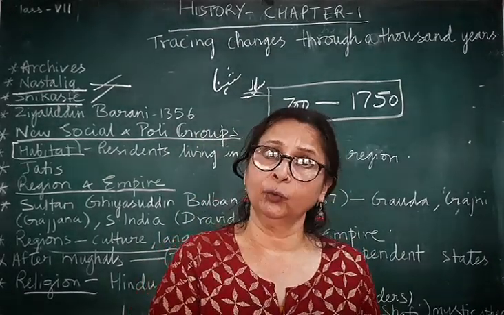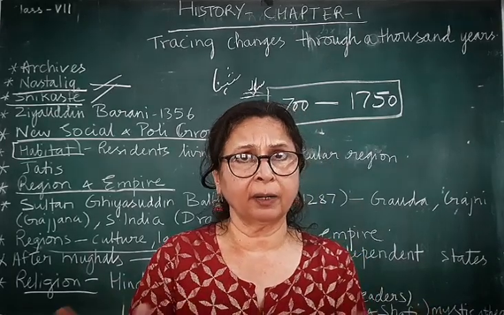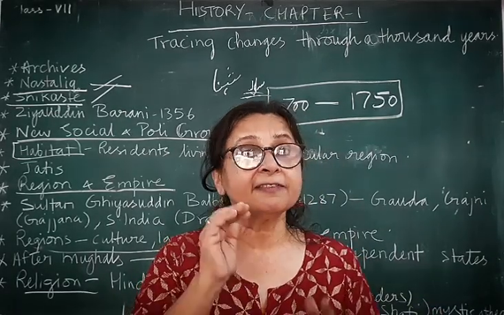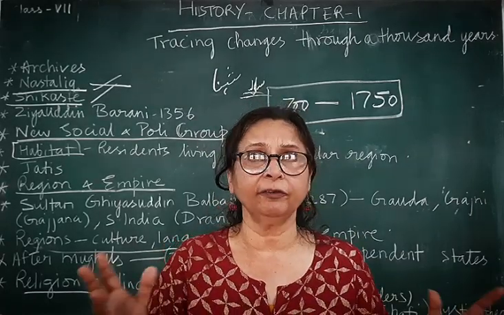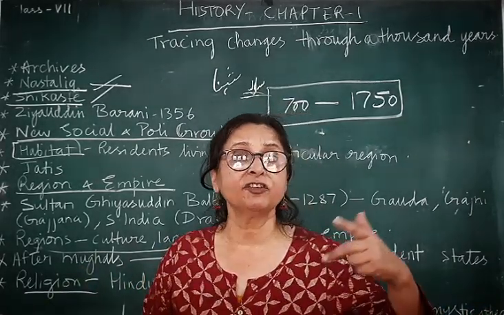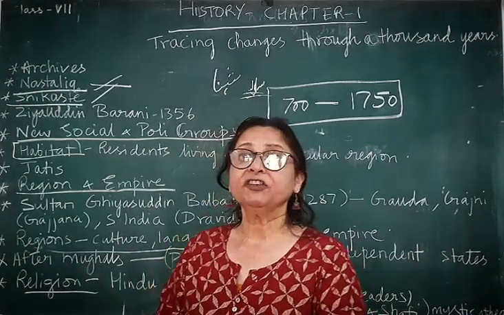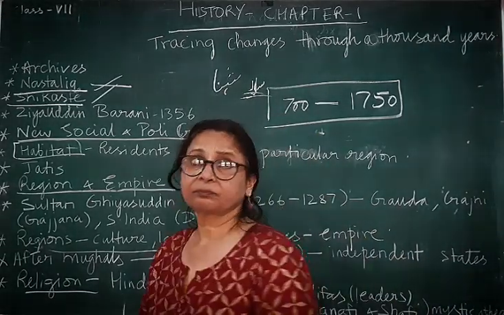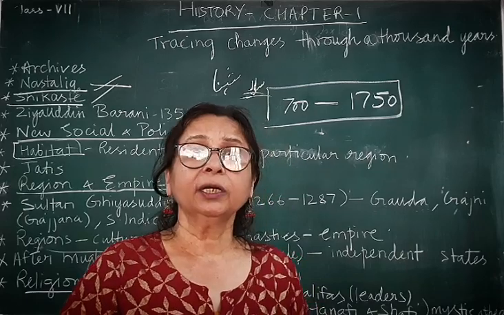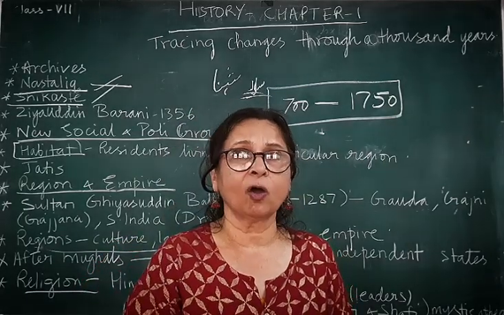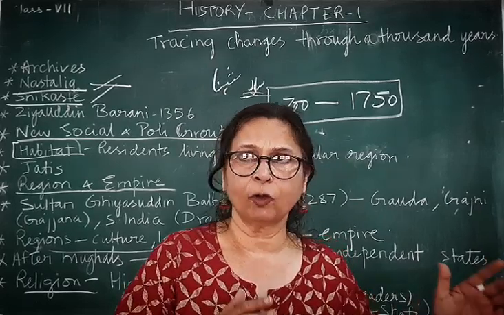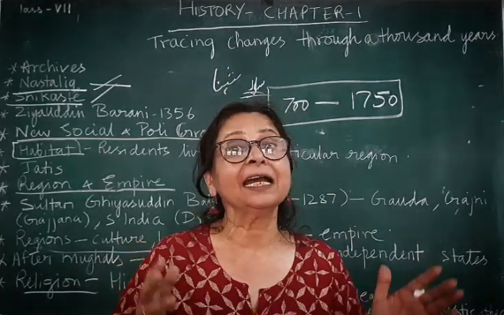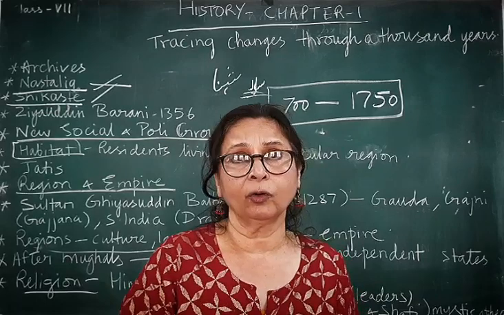Like Hindus, who were divided into Brahmins, Kshatriyas and others, in the same way we find Muslims were also divided. They were Shias and Sunnis. Shias were the ones who followed Prophet Muhammad's son-in-law, Ali. Of course they followed Prophet Muhammad, but they believed more in Ali.